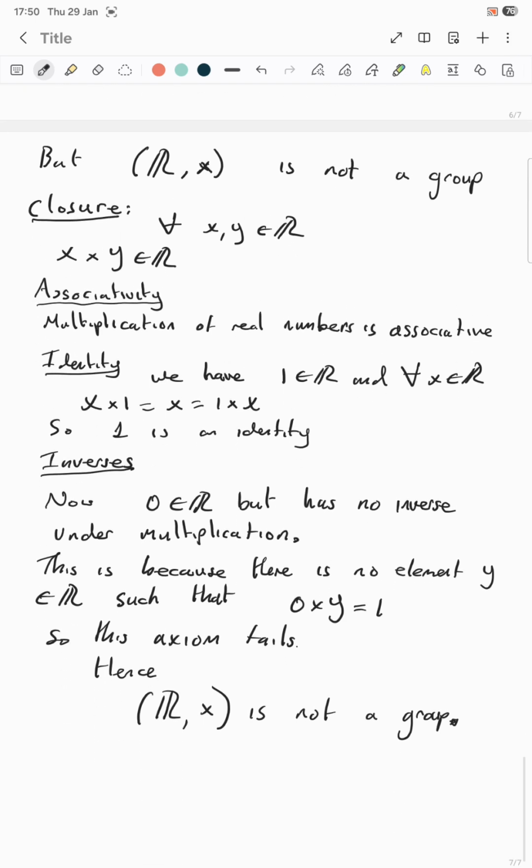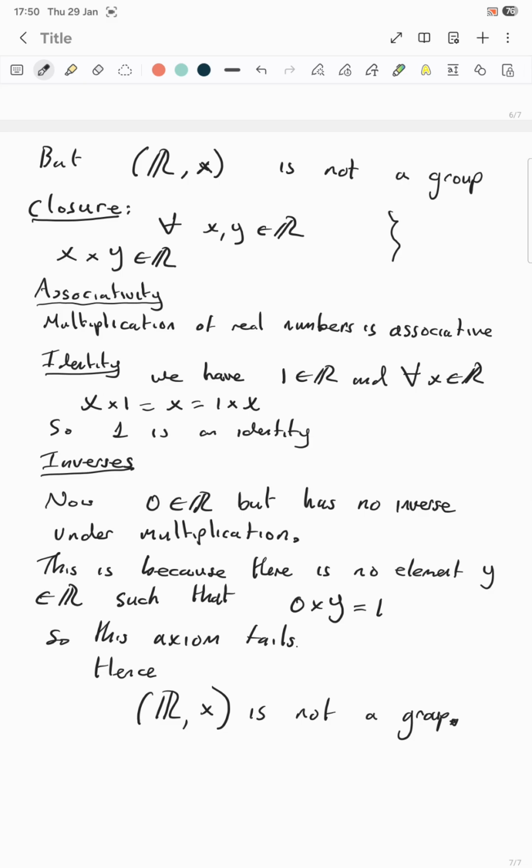But R, our reals under multiplication, is not a group, because as we'll go through these axioms again, for all x, y contained in R, x multiplied by y is contained in R. Associativity: multiplication of real numbers is associative.